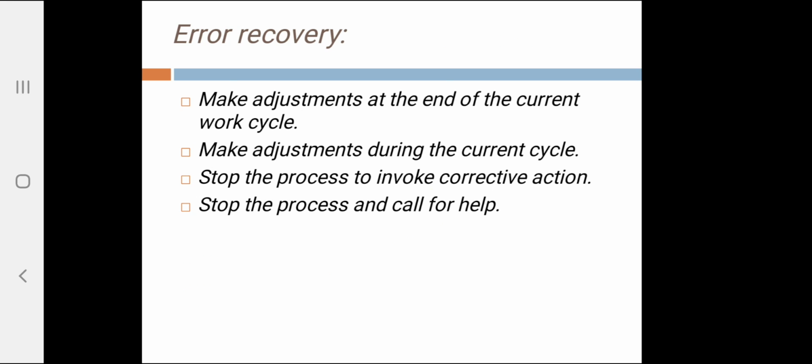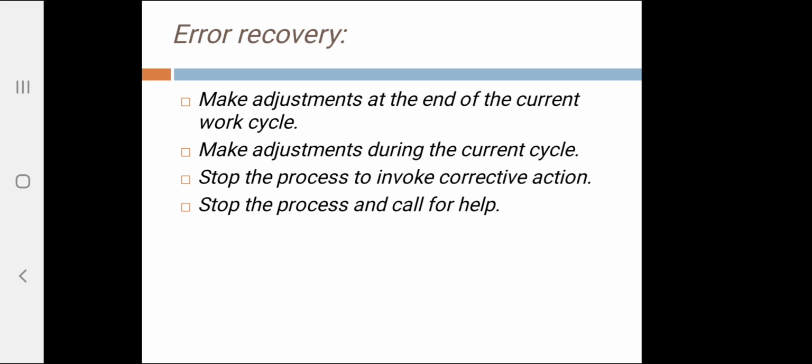Then last is error recovery. Error recovery is concerned with applying the necessary corrective actions to overcome the error and bring the system back to normal operation. The problem of designing an error recovery system focuses on devising appropriate strategies and procedures that will either correct or compensate for the variety of errors that can occur in the process.